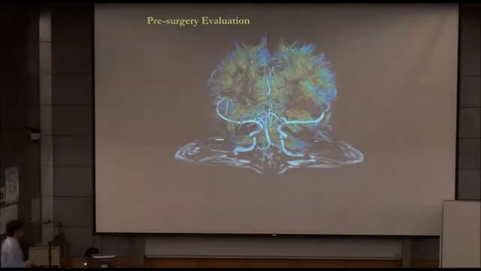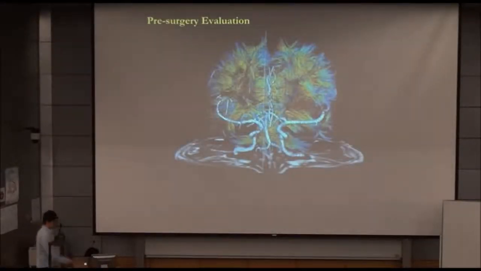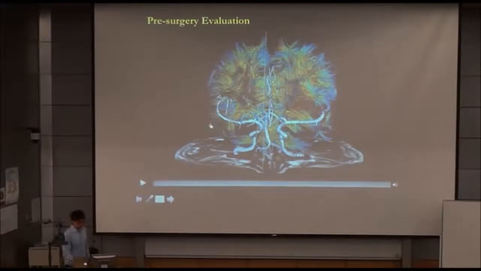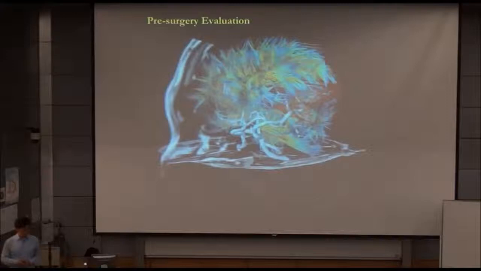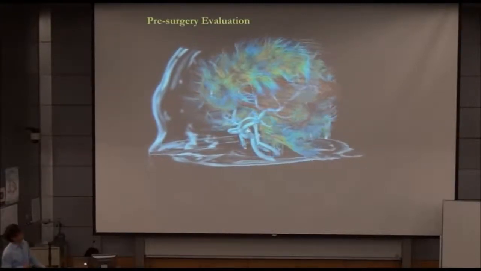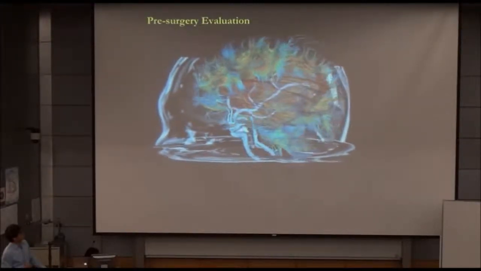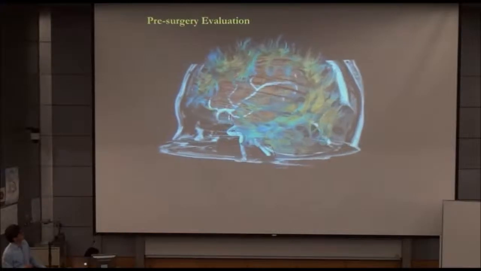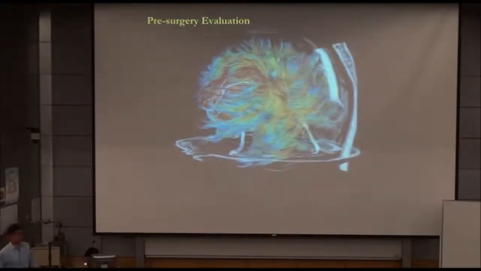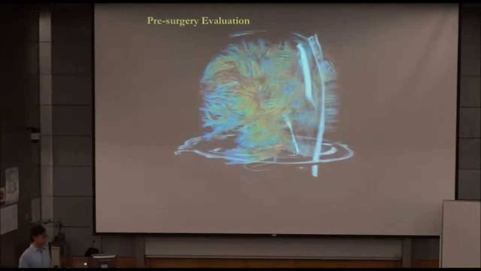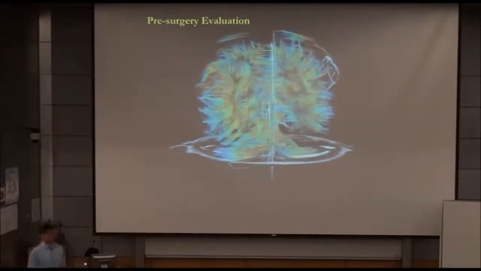And here is another example of how such techniques can help with neurosurgery planning. For example, here is the tumor. You can see it is located here. And here is the vascular system and also the brain structure and the neural tracts. When a patient has a brain tumor, they must have some treatment.